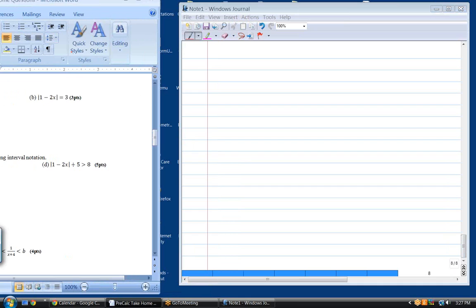Okay, let's look at B. There's a particular way to handle these absolute value signs. If I stated that to you, that always translates into two equations.